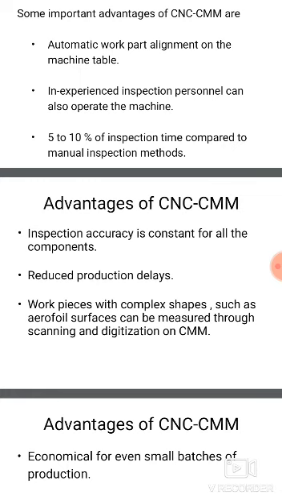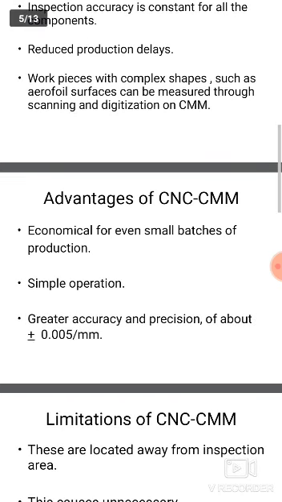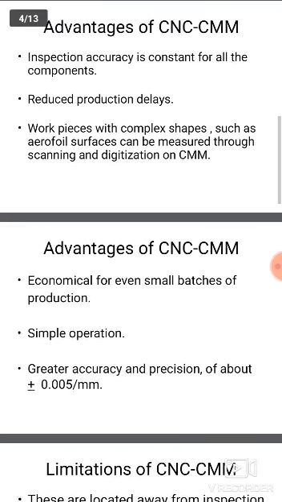High output. So the workload comes out very high within a short period. Next, flexibility. So it is very flexible in all working operations. Next one, reduced setup time. Setup time is very less. Improved accuracy. Accuracy is also very good.